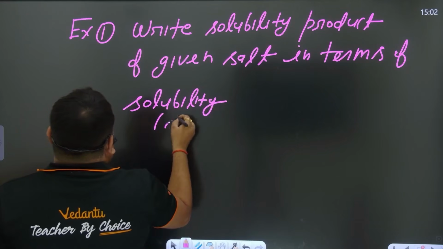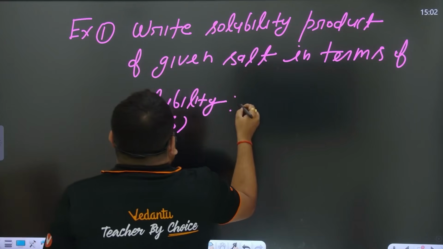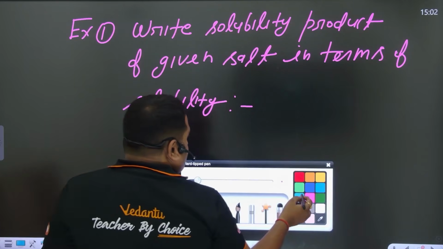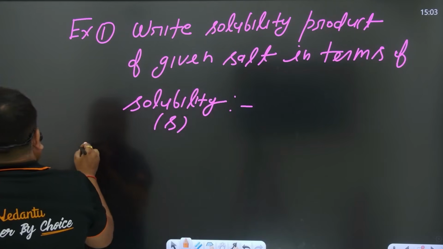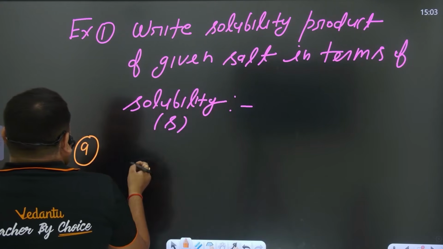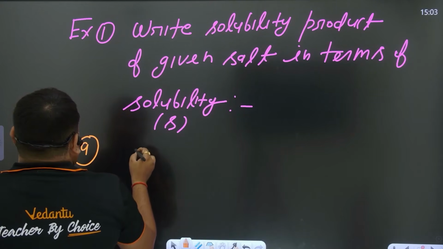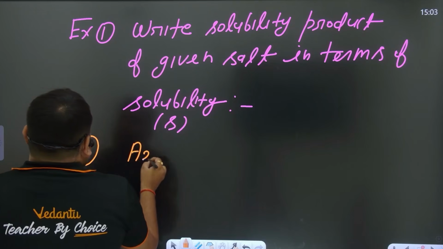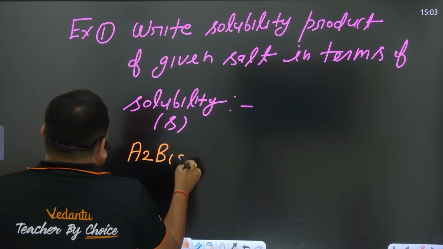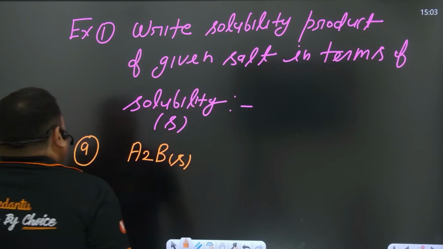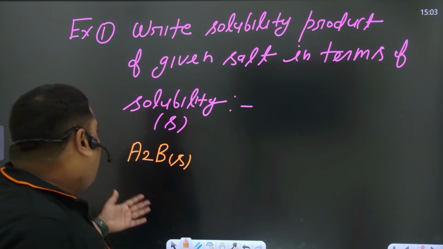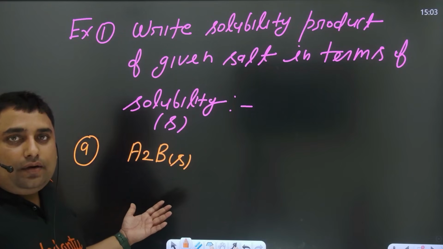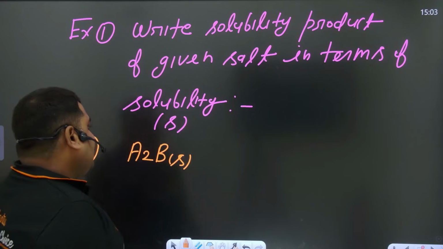Literally, if solubility is given as S, right? For example, the given salt is A2B. This salt is given, and the solubility of this salt is given to you as S. Now you have to calculate the solubility product for this salt. Then how to calculate? See.